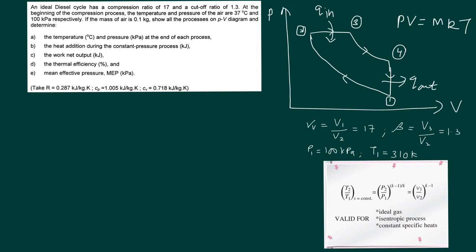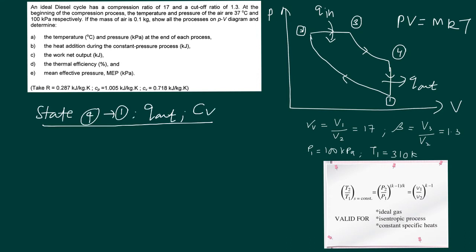So let's say I choose to make use of this relation at constant volume in order to obtain your state 4. State 4 to 1 is your heat rejection at constant volume, so V4 is equal to your V1. So we rearrange your PV = mRT, so it's going to be mRT4 over P4 is equal to mRT1 over P1.